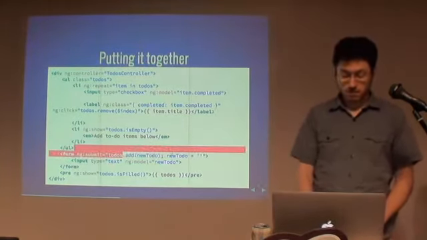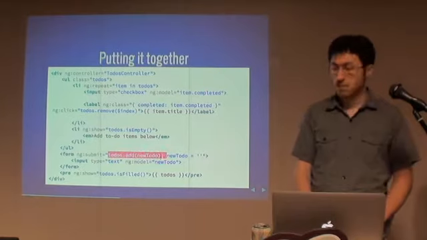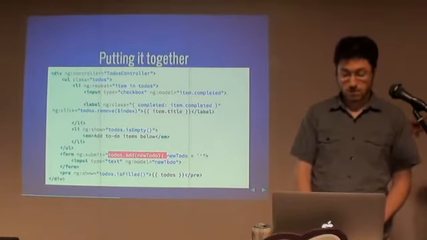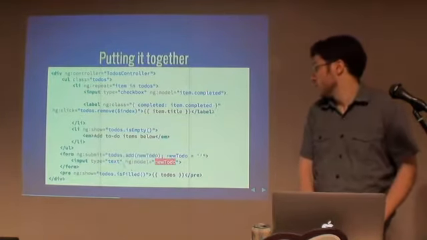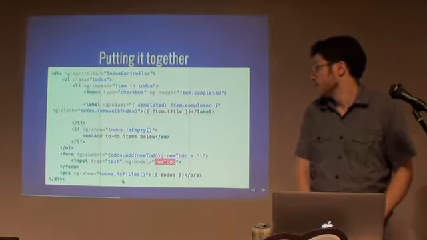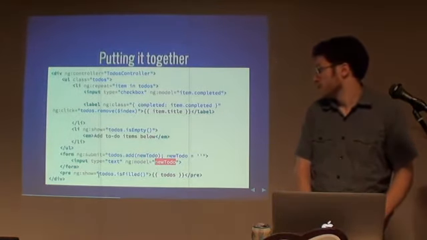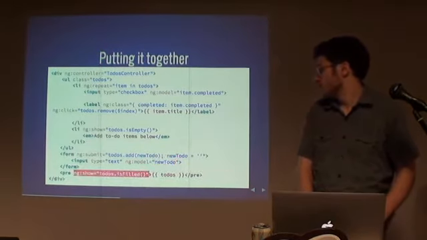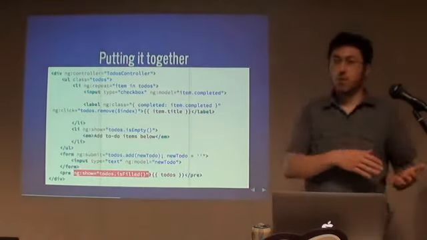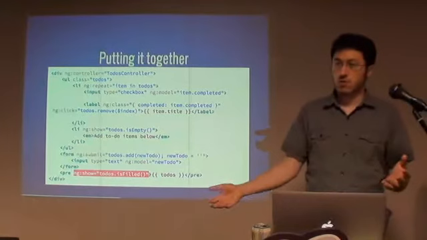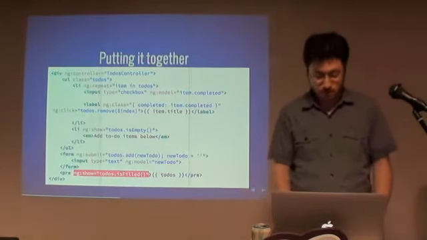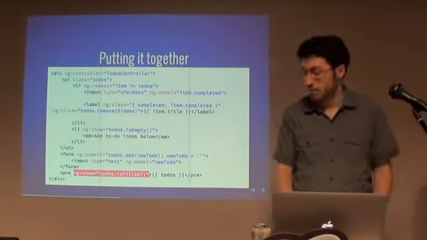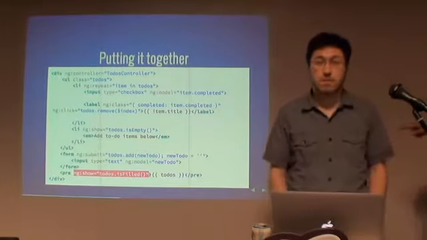This binds to the new to-do value. And this expression says if there are 3 or more items in the to-do list, then show the JSON representation.